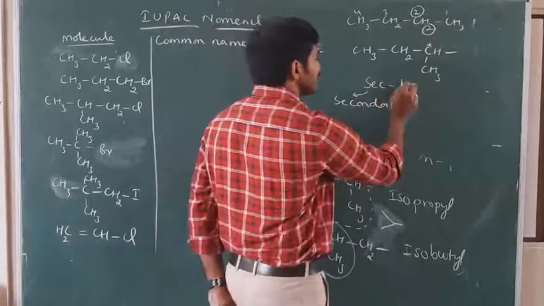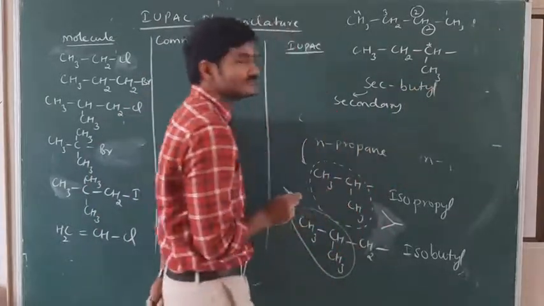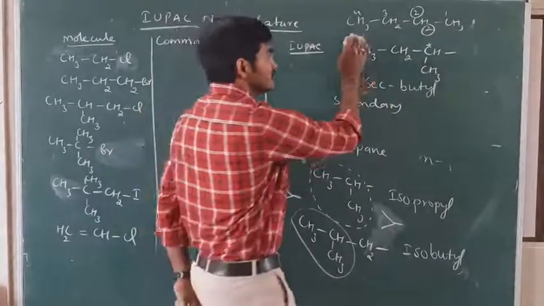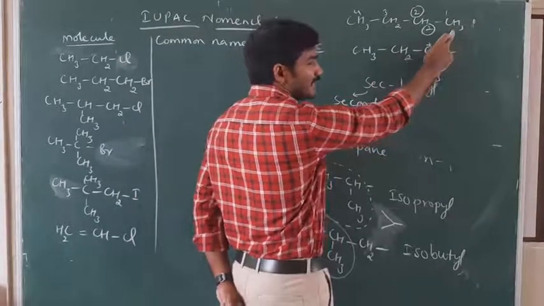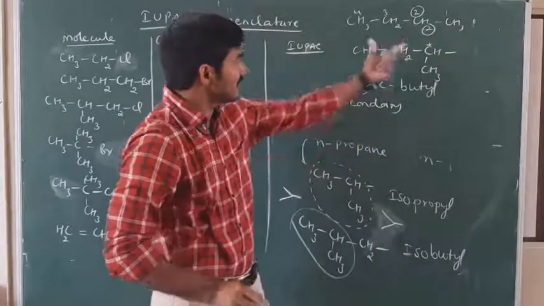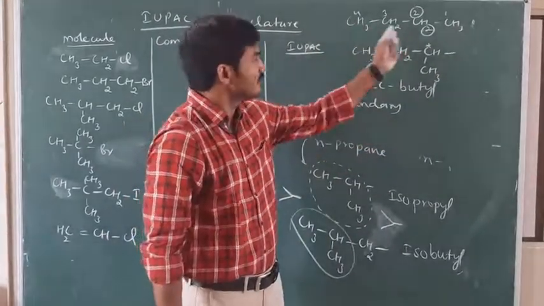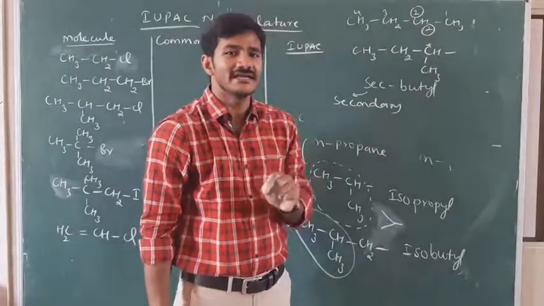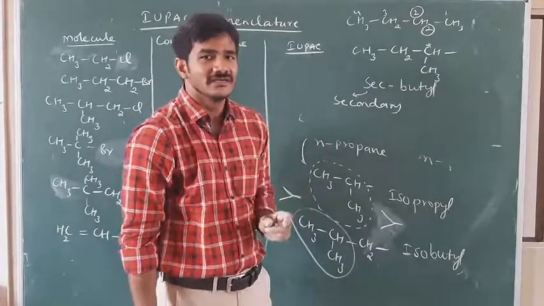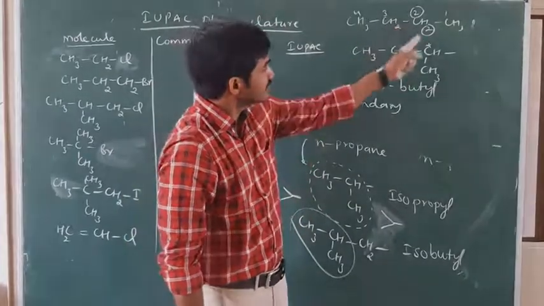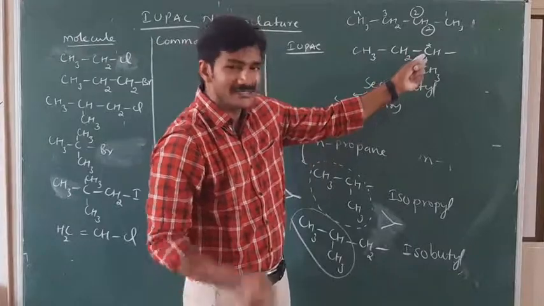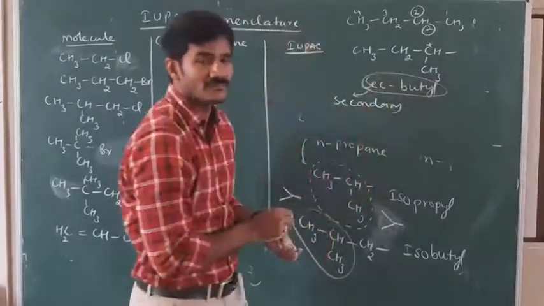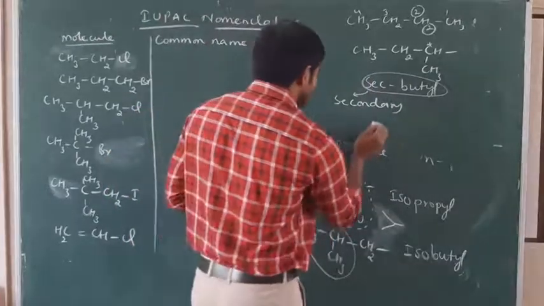So write it as secondary butyl. Understood? This is n-butane. From n-butane, if I remove one hydrogen from the last carbon, I write it as n-butyl. If I remove the hydrogen at the second carbon, as this carbon is a secondary carbon, I write this as secondary butyl.